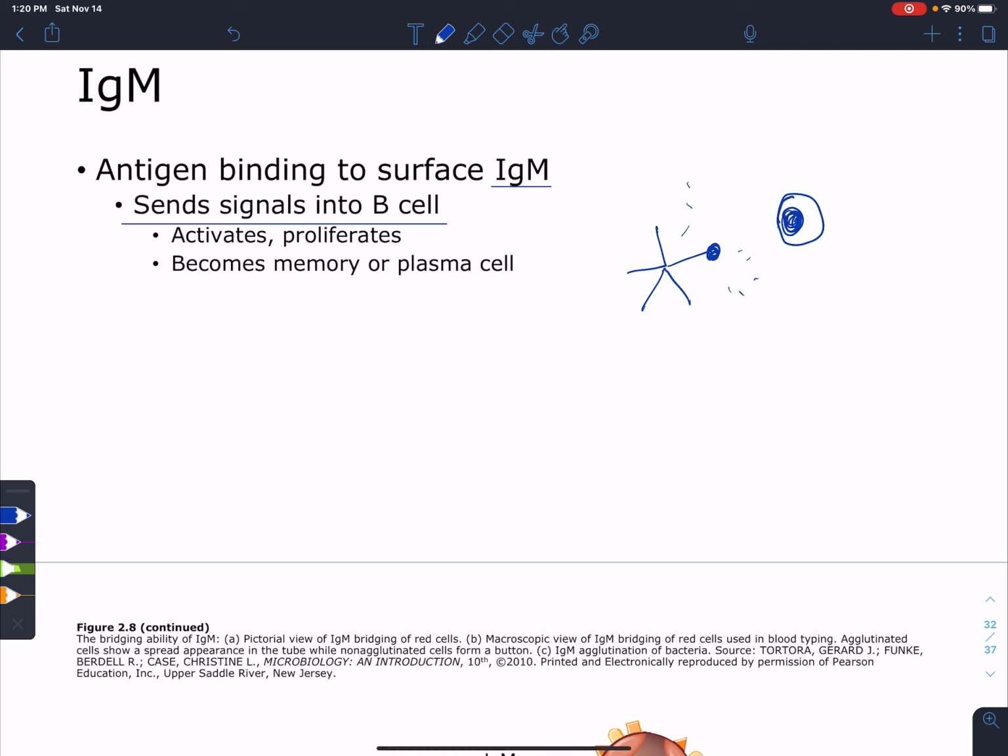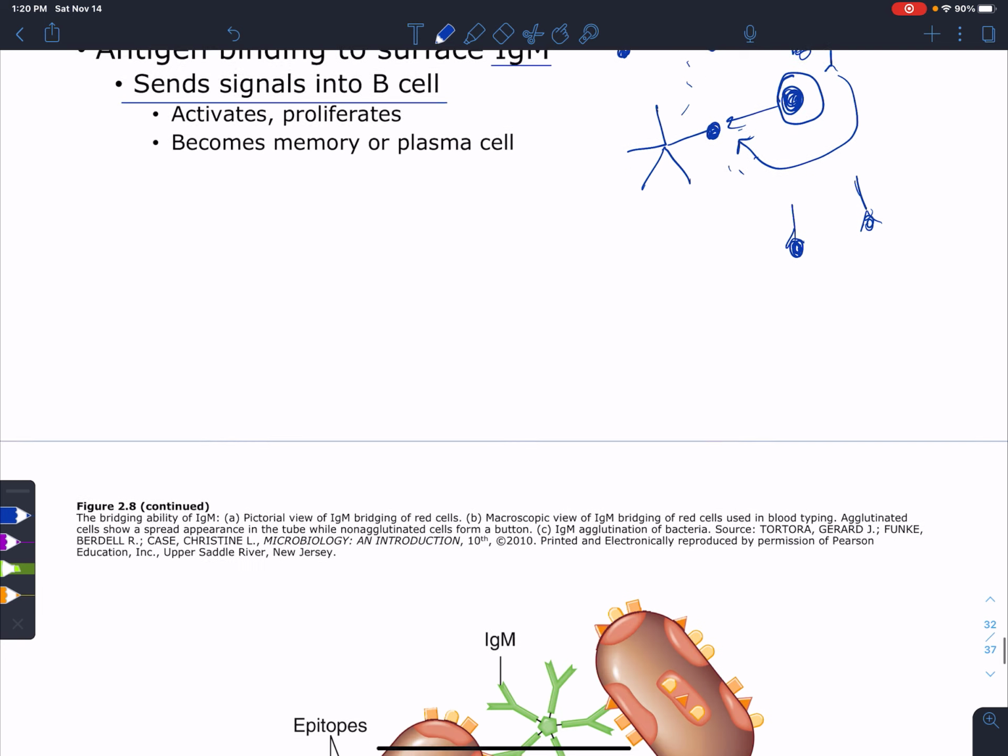And this B cell comes and says, oh yeah, I remember this thing. And I have more antibodies I can make to fight it and neutralize and take care of or remove the other ones that are floating around in the circulation.